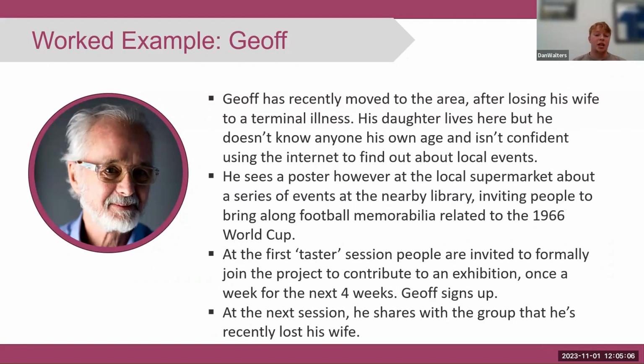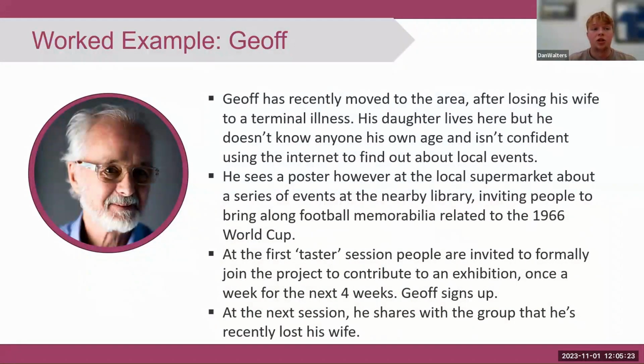At the next session, he shares with the group that he's recently lost his wife. So as we can see here, Jeff might need quite a lot of support, mainly in two ways. First of all, in terms of his digital literacy, he isn't too confident about using the internet.